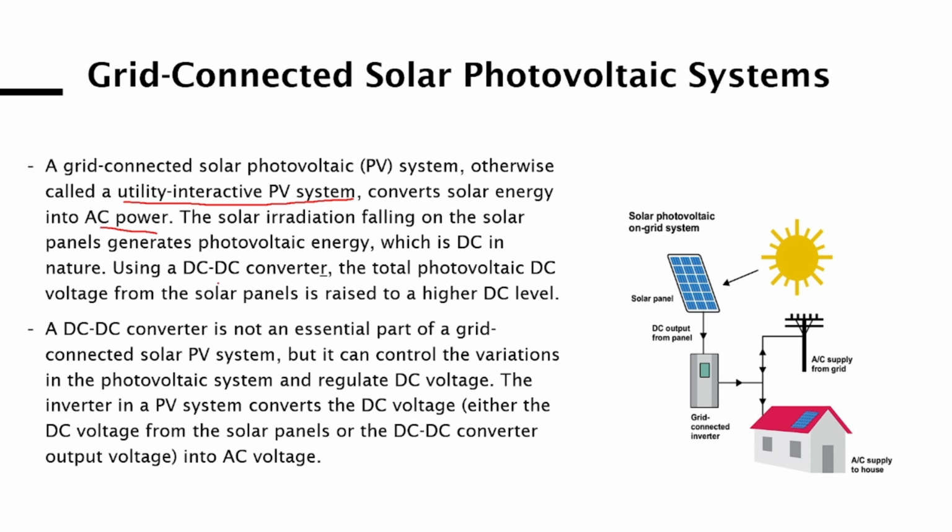The DC to DC converter is not an essential part of the grid, but is connected to the PV system, as it can control variations in the photovoltaic system and regulate DC voltage. The inverter in the PV system then converts the DC voltage to an AC voltage, which can later be used on power grids. So in the grid connected solar PV system, a battery is not necessary. There can be batteries used, but it's not a main thing.